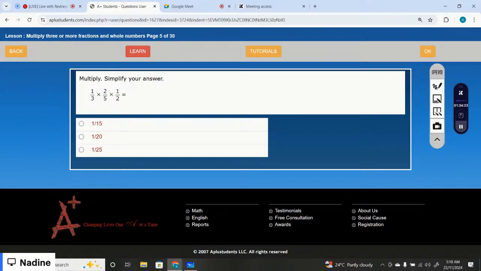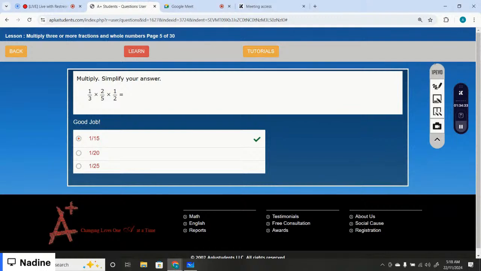Which is the correct option? That is 1 over 15. Option number 1 is the correct option.